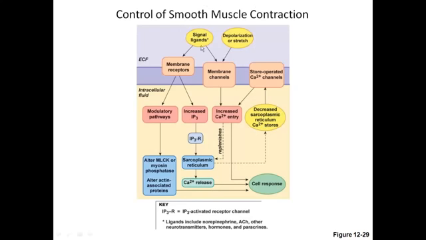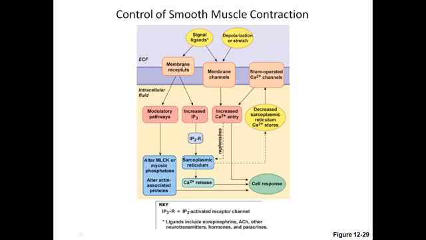We can have ligands, things like norepinephrine, acetylcholine, other neurotransmitters, even hormones and paracrines from neighboring cells. So an example of this would be the endothelial cells lining blood vessels secreting a molecule that will initiate contraction of vascular or blood vessel wall smooth muscle cells.